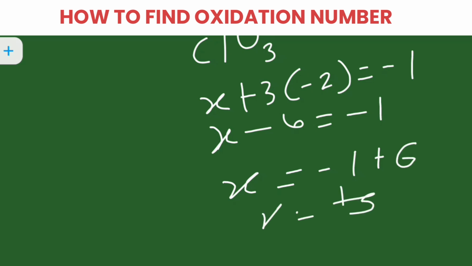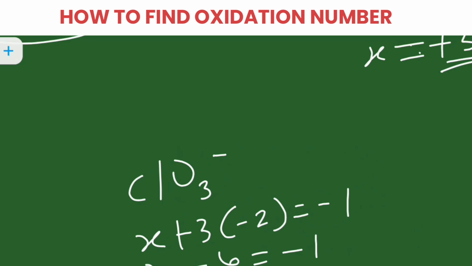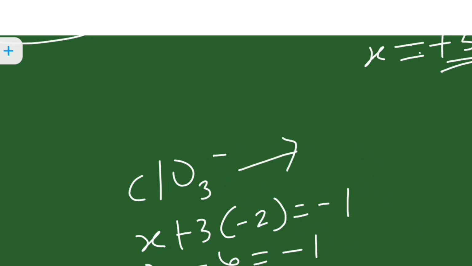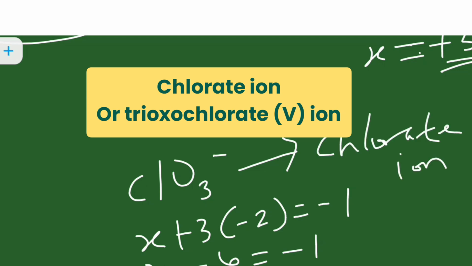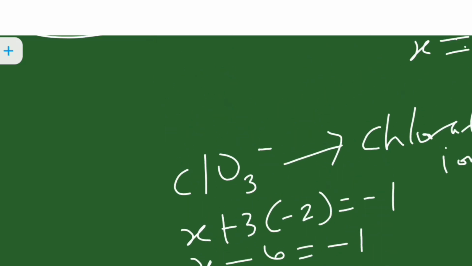So X is +5. So the oxidation state of chlorine in ClO3- is +5. This anion is also called the chlorate ion. Looking at the number of oxygen, you have 3, so you can also call it trioxochlorate(V), chlorate(V), because the oxidation state of chlorine here is +5.